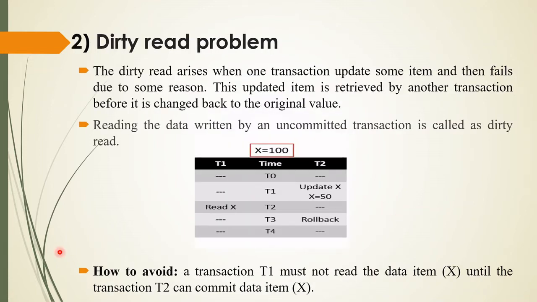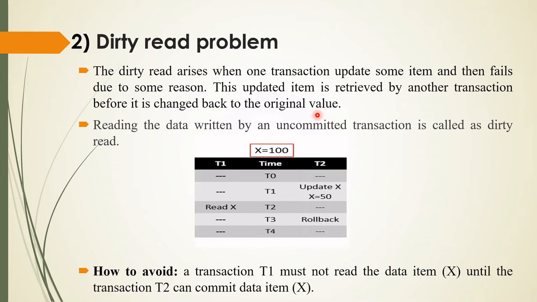Now second is the dirty read problem. A dirty read arises when one transaction updates some item and then fails for some reason, and this updated item is retrieved by another transaction before it is changed back to the original value. Suppose one transaction updates some value, and because of some problem it fails and is rolled back.